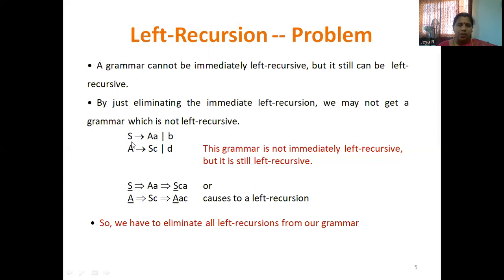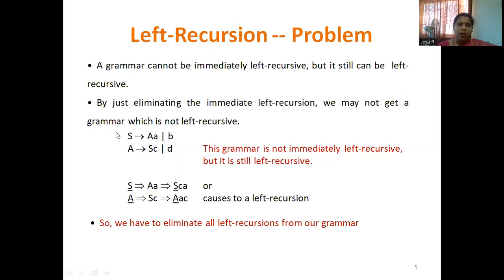For example, take this grammar: S produces A or B, A produces S C or D. By taking these two productions, the grammar is not an immediate left recursion, because the non-terminal is not producing the same non-terminal on the production side. But when we are replacing A with the other production of A, that is S C or D, we will get the left recursion. That is called indirect left recursion.